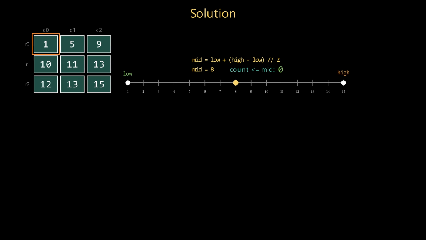In this column, only row 0 qualifies at this position, so add row +1 equals 1, then move right 1 column. At 5, 5 is less than or equal to 8. Again only row 0 qualifies here, so add 1, then move right 1 column. At 9, 9 is greater than 8, so move up until we exit. The total count of entries less than or equal to 8 is 2.